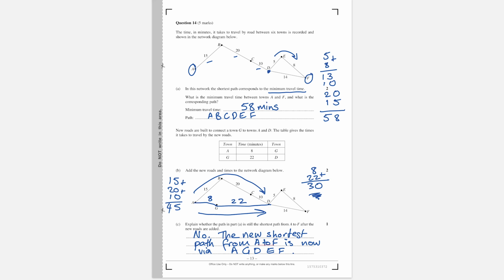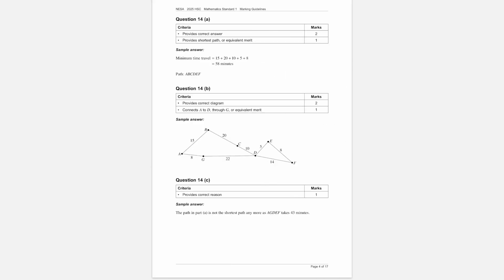That's it. Yep, we got our minimum travel time of 58 minutes, A, B, C, D, E, F. And yes, it's not the shortest path anymore. A, G, D, E, F is the shortest path.